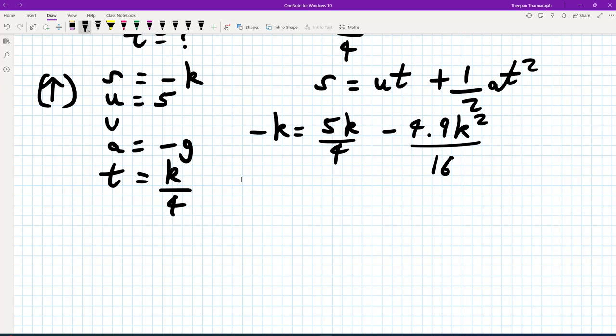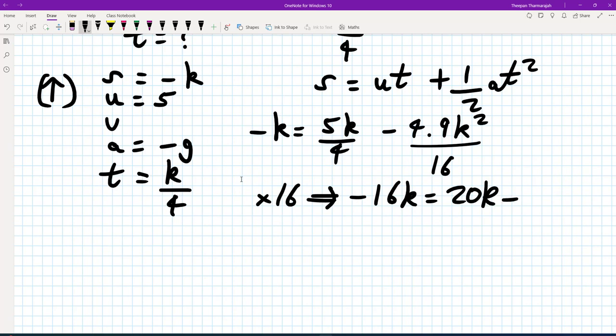Then we can solve, so we can multiply by 16 here. We get the following: minus 16k equals 20k minus 4.9k squared.